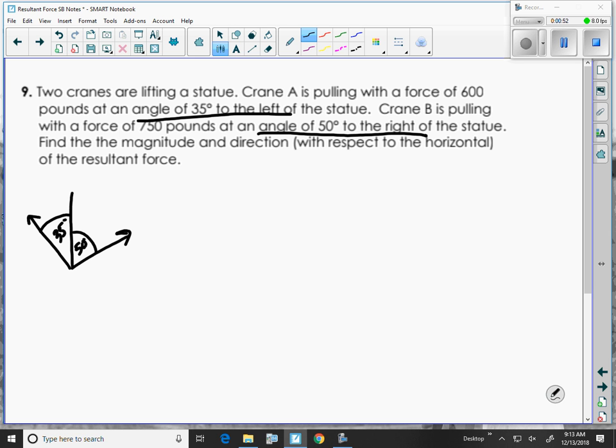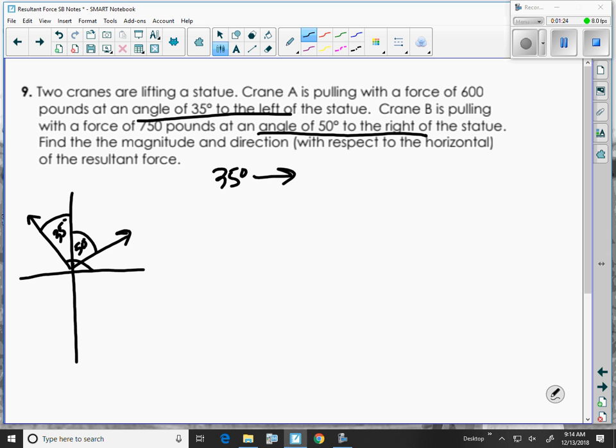Now, typically, if I extend this, we would draw it on our coordinate plane. So I'm just going to extend it and draw it on our coordinate plane. Okay, so our 35-degree angle. If we're looking at the ground, here's the ground, which is our x-axis. We need to decide how far it is from the ground.